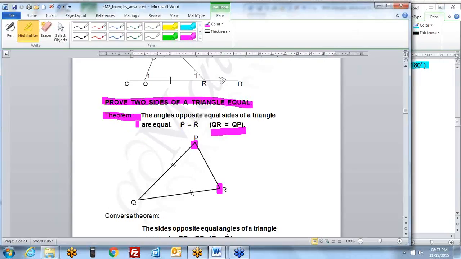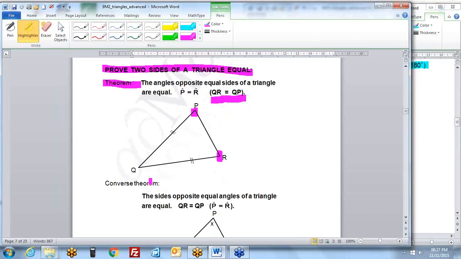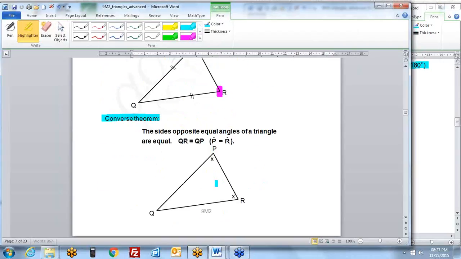So that is the one theorem, the one that we've been doing for the past couple of minutes now. So now we're going to do the converse theorem. Now they're going to give you the angles and they're going to ask you the sides. So the sides opposite equal angles of a triangle are equal.